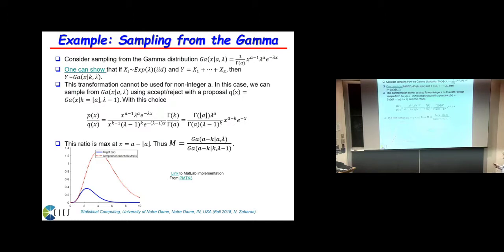And for an integer, we can use the transformations, the equations that we discussed on Friday. I remind you, if you take k samples from the exponential distribution, then the sum of the samples is actually a sample from a gamma distribution, where this k is an integer. So effectively, you can take samples of the exponential distribution, sum them up, and that immediately gives you samples for this gamma distribution, and then you can use this as a proposal distribution to work on this problem.